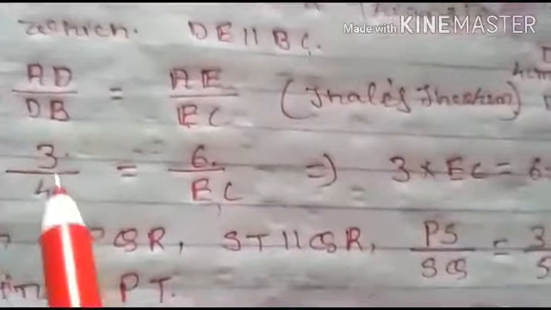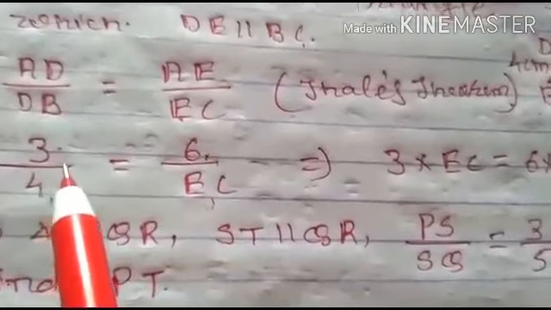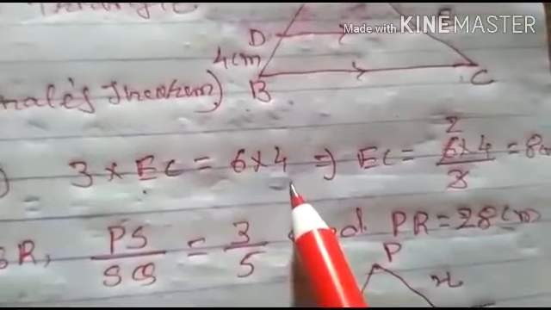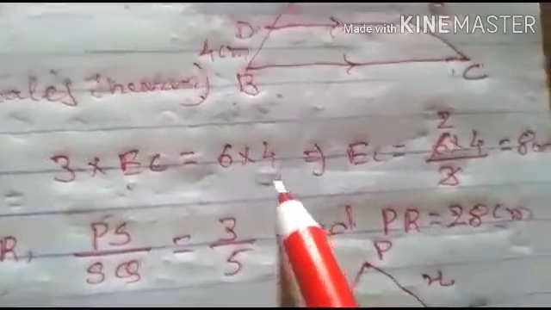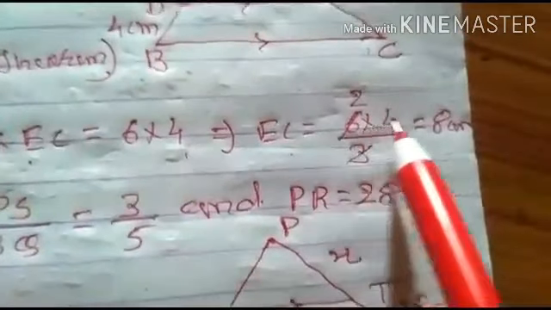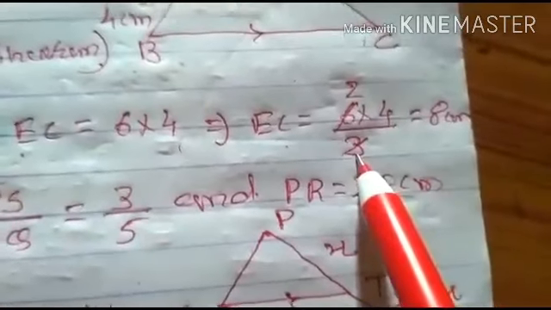So when we cross multiply, we will have 3 into EC equals 6 into 4, from where we can have EC equals 6 into 4 by 3.